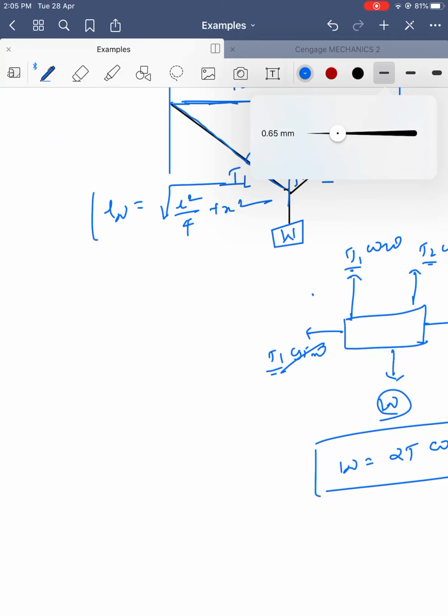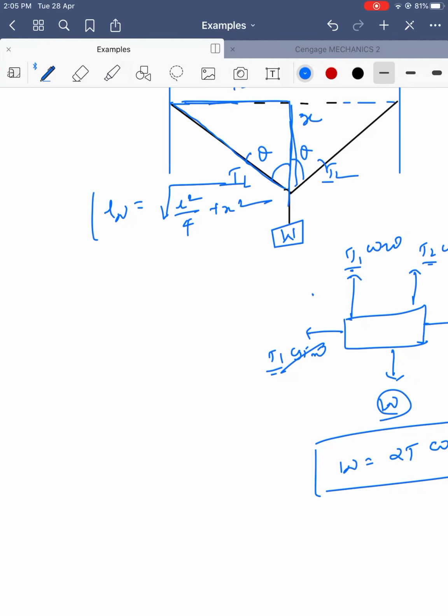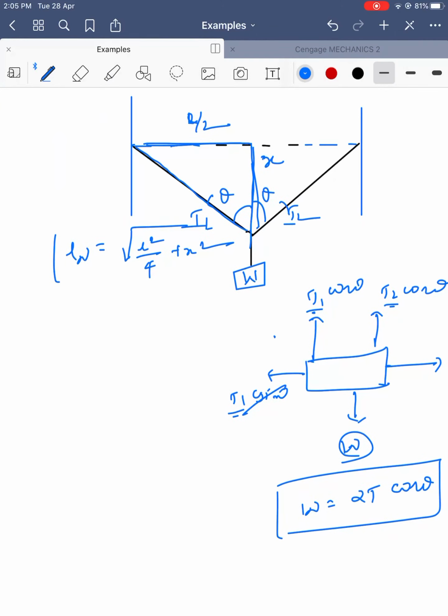Let's try to simplify this section further. Let's draw the diagram of the section. Here is an angle theta, the opposite side is L by 2 and here is x, and the hypotenuse is the square root of L square by 4 plus x square.